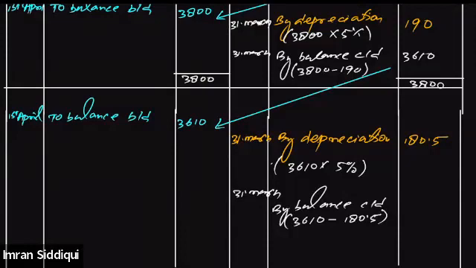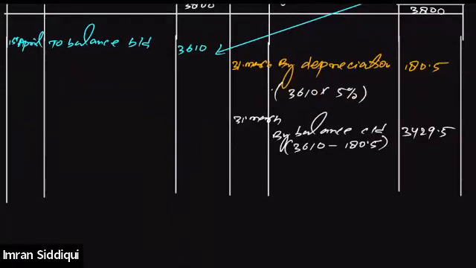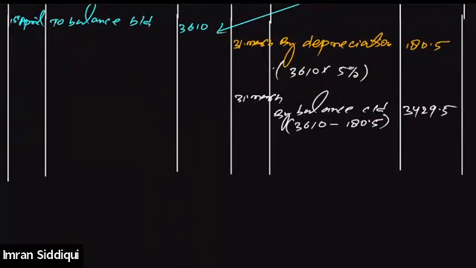Closing value will be 3429.5. This is the third year WDV, written down value. And on this value we'll calculate depreciation of the fourth year. But before that, we need to carry forward this value to the next year as the opening value of the next year.